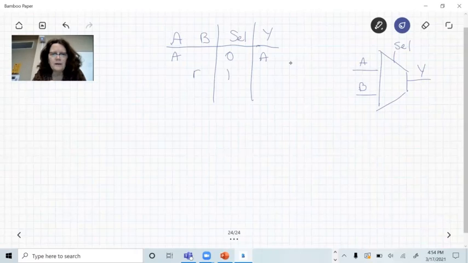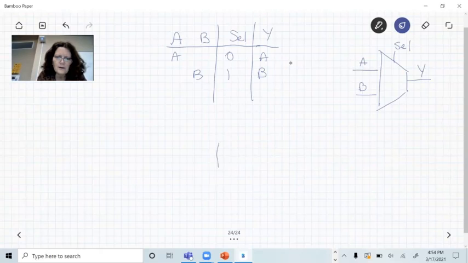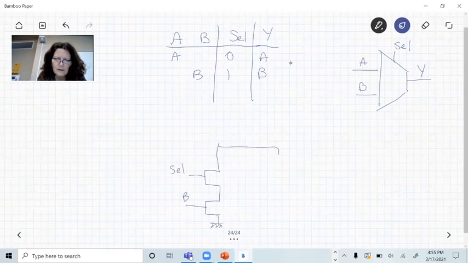And if select is 1, my output is going to be whatever's on B. Select is 0, I want it to be A. If select is 1, this will be B. And if not select is 1, my output is going to be A.